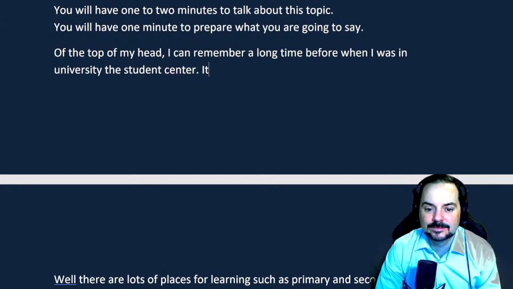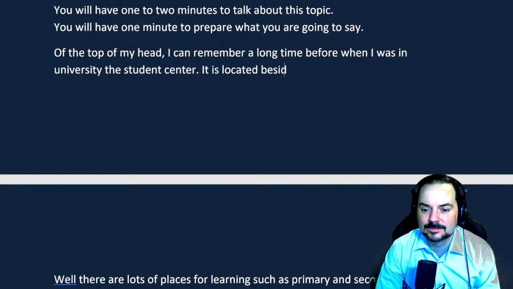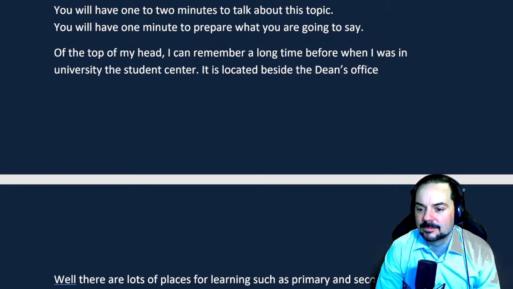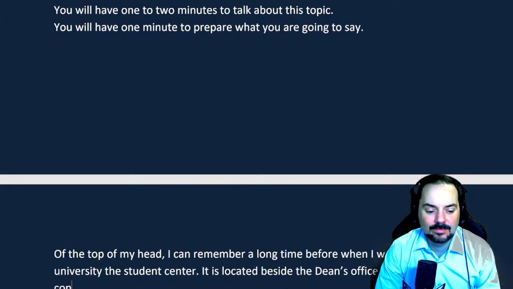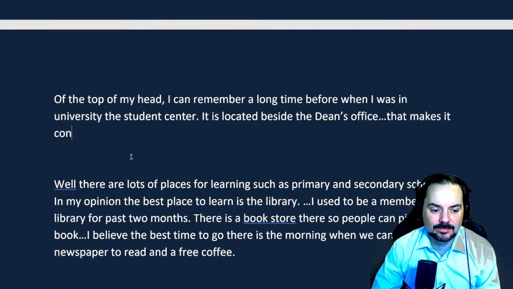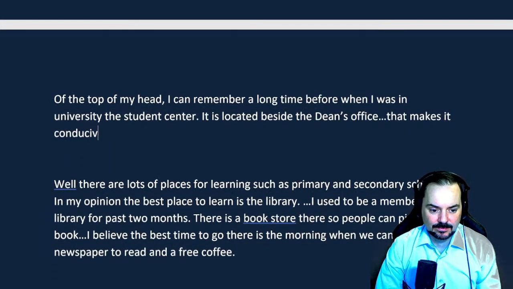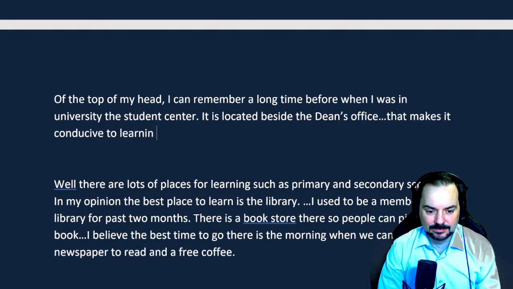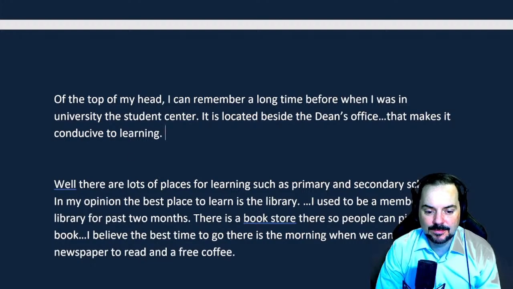It is a medium-sized room with lots of long tables and cozy chairs that makes it conducive to learning. And the attendees of this facility are the students from the lower year, the common first years that are seeking guidance on how will they pursue their career or on the higher colleges.